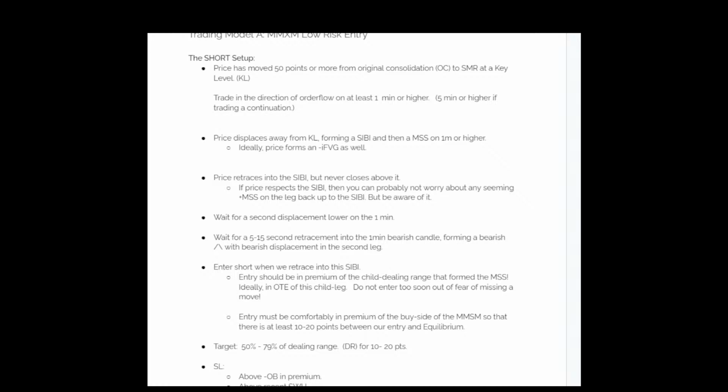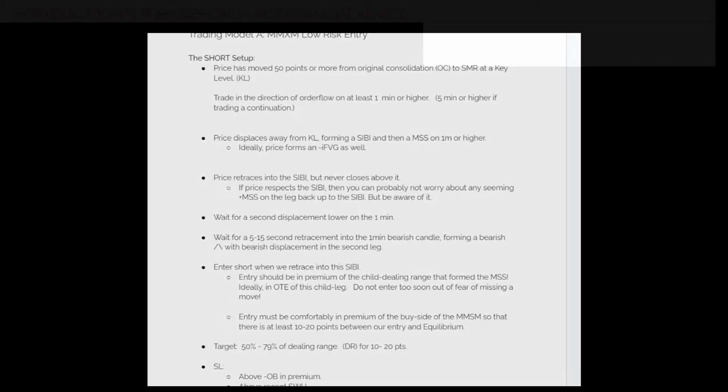So, right, if this was original consolidation and we came down and now we swept liquidity down here, I want to see signs that we're curling up to go beyond this SIBI over here. But we are really just a few minutes from news, so I won't enter again.